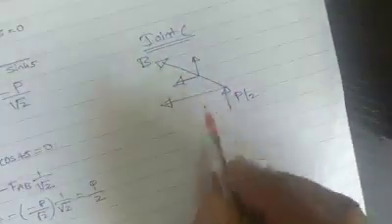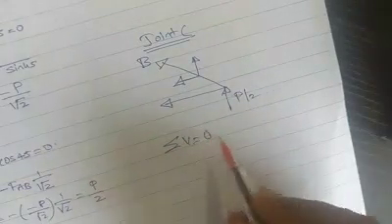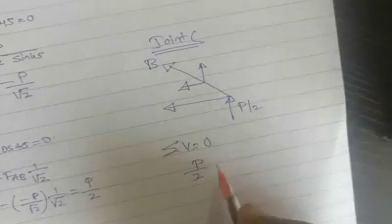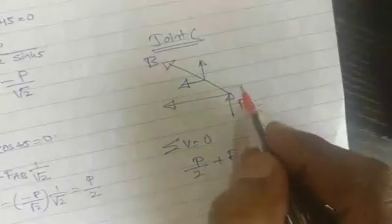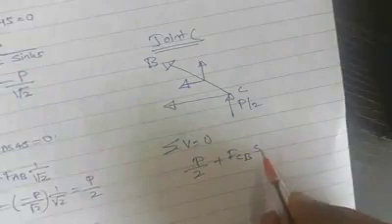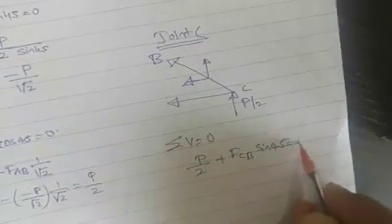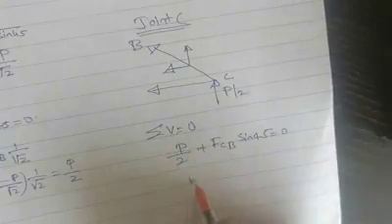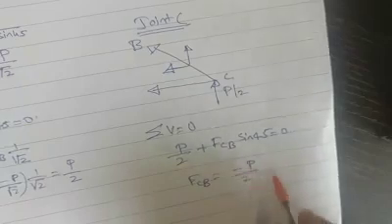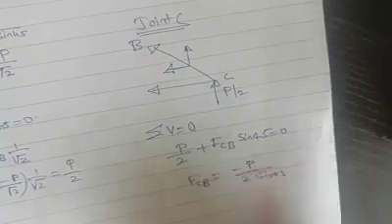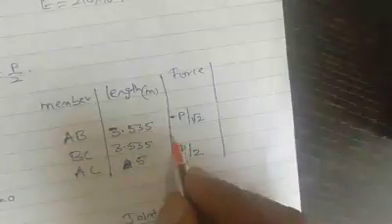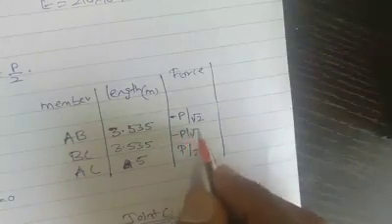So we go for sigma V equal to 0: P by 2 plus FCB sin 45 is equal to 0. So FCB will become minus P by 2 by sin 45, which is equal to minus P by root 2.